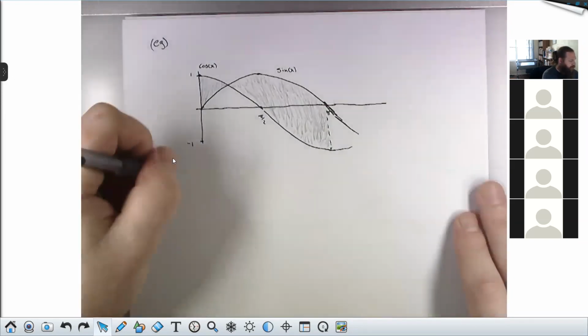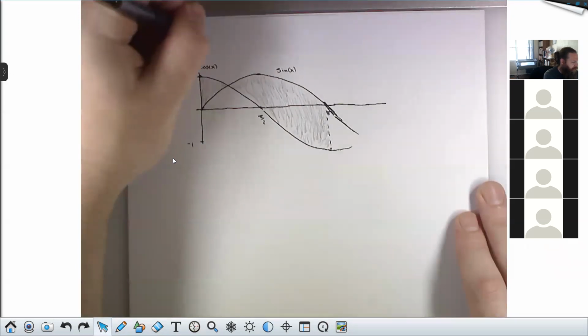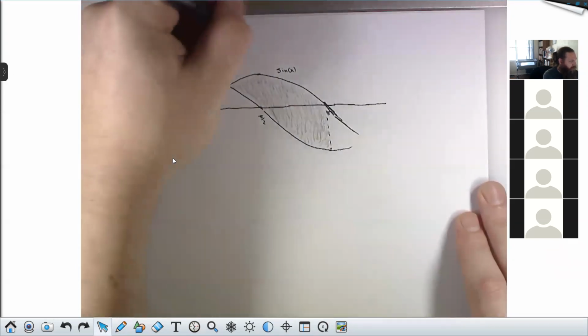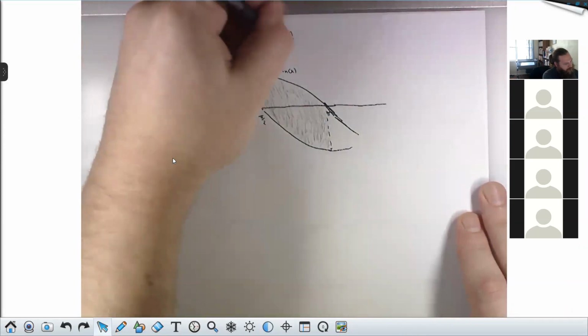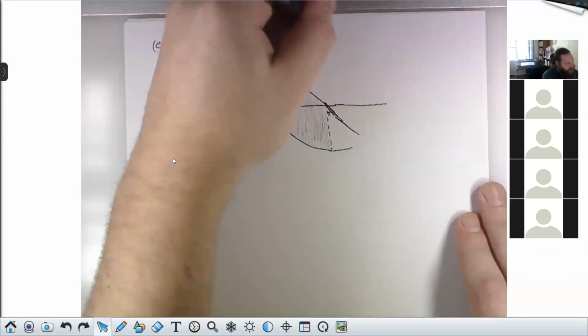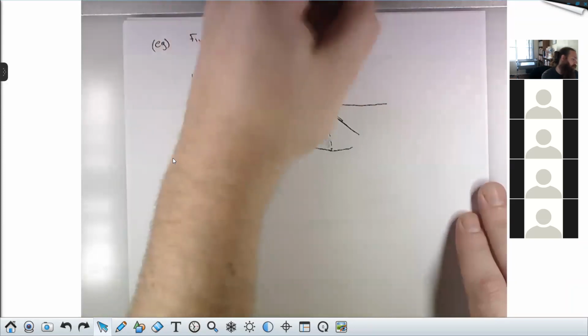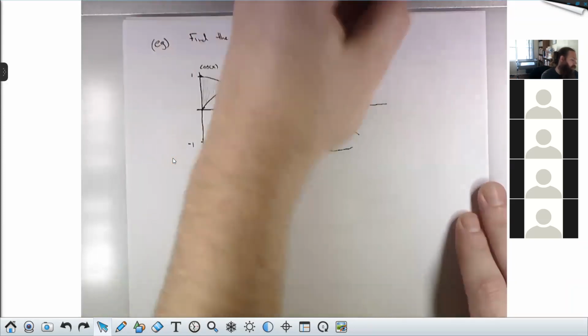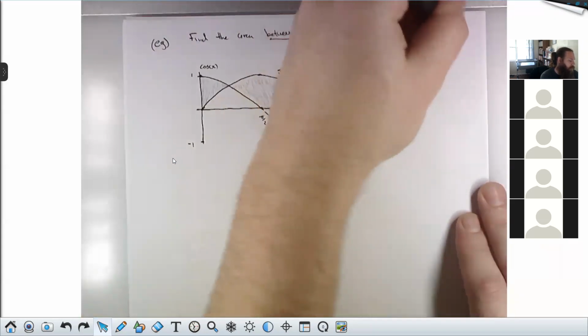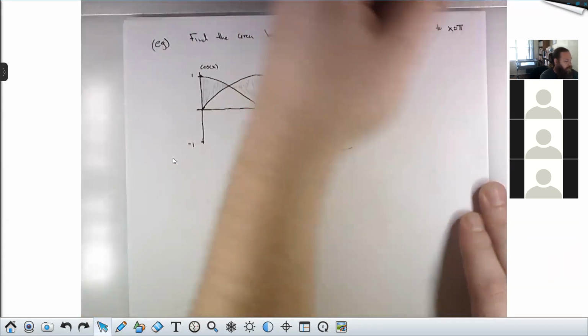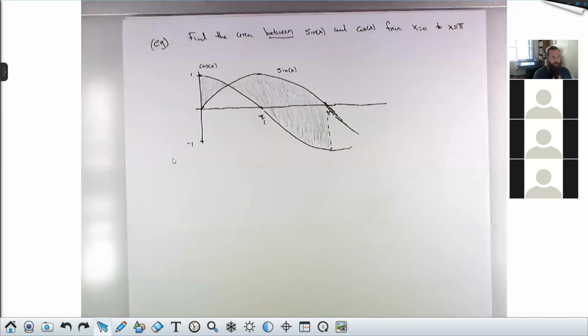So if we want to find the area between sine x and cos x from x equals 0 to x equals pi, I really have to consider two separate pieces.